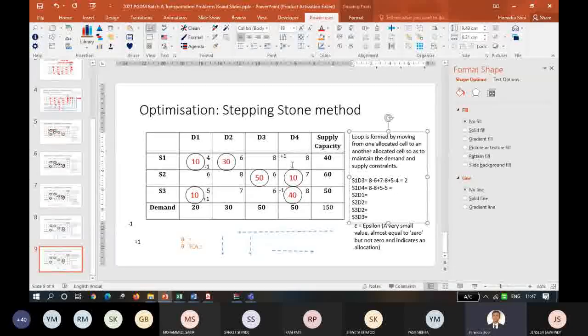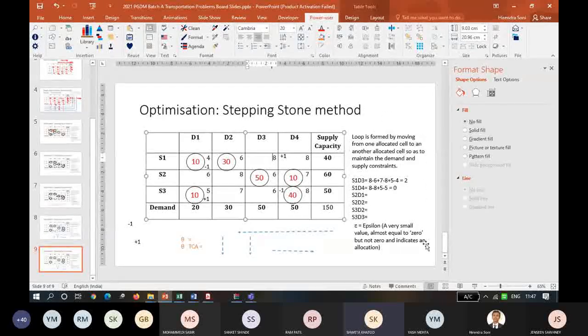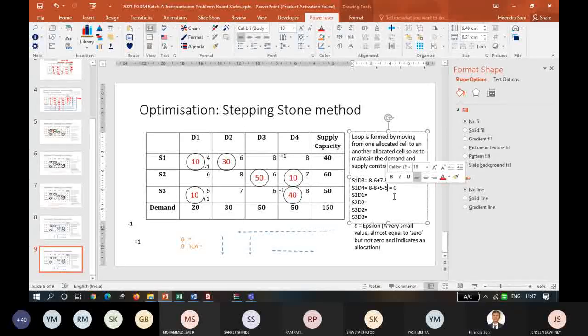Correct? And after 4, you are back to the same point. So how much is it? 8 minus 8 is 0. Plus 5 minus 5 is 0. So it would be 0. Sir, it's minus 4, minus 4 plus 5. Excellent. 8 plus 5 minus 4. So this would be 1. Correct?